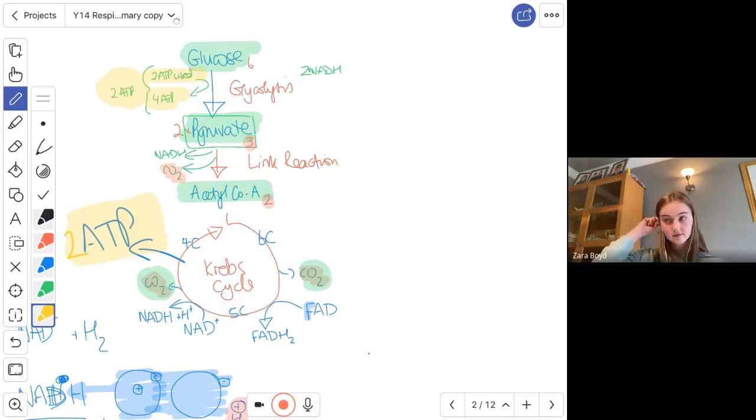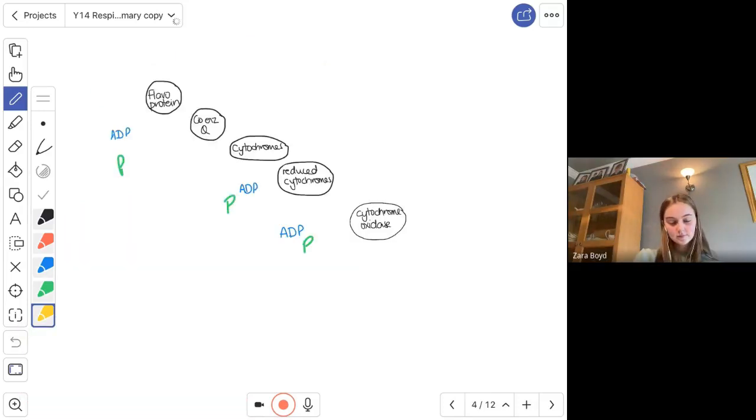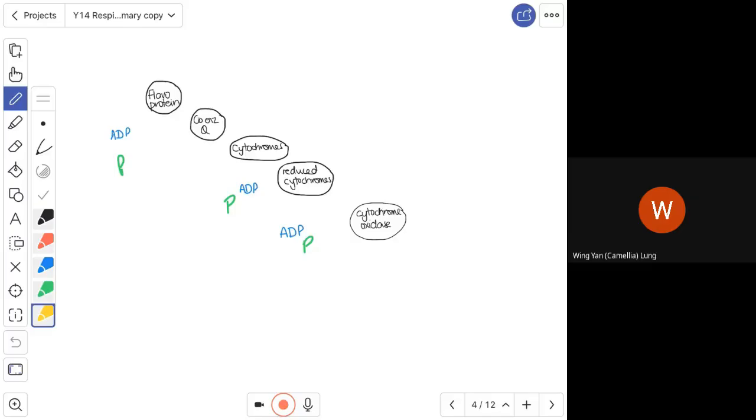So the electron transport chain, let me just come back to that. Where is the electron transport chain? Camelia, where does the electron transport chain take place? In the mitochondria.